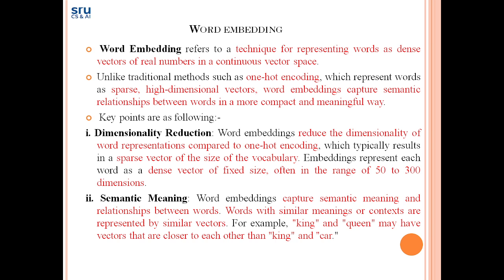So here, if words have similar meaning, they are represented by similar vectors. If we take an example here, king and queen may have vectors that are closer to each other than king and car.